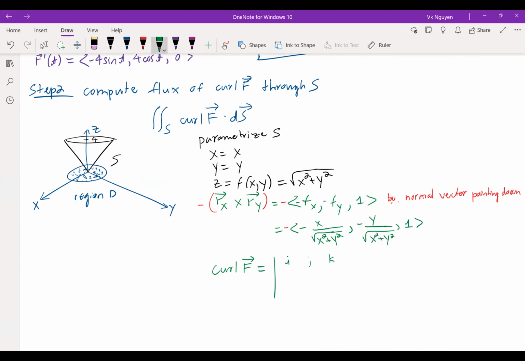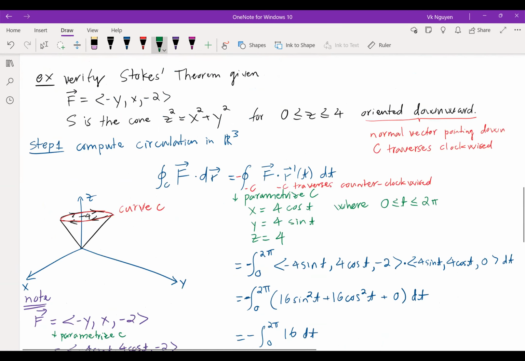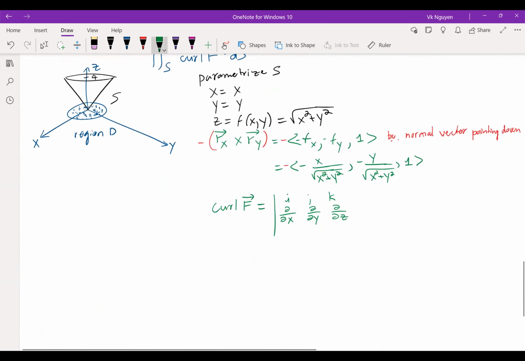I, J, K. And then the vector field F. This is the surface, the vector field. Oh, negative y, x, negative 2. Okay.